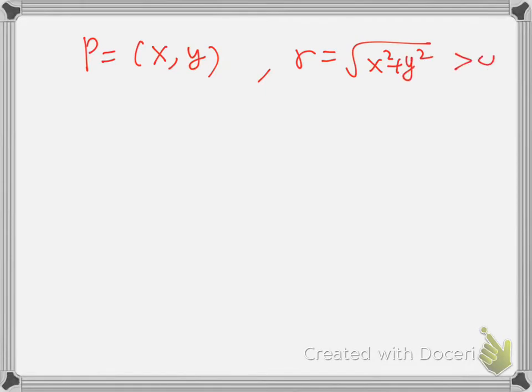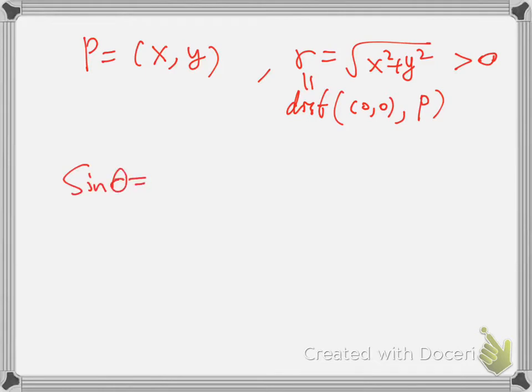So now in the end, let's write down the 6 trig definitions again, right? We need point P and r, the distance between 0 and P. So this is the distance between the origin (0, 0) and the point P. So what is sine theta?